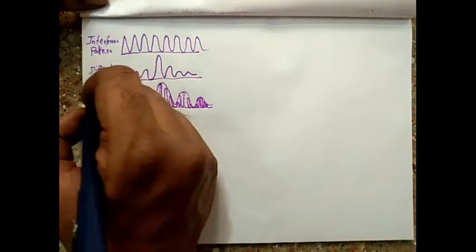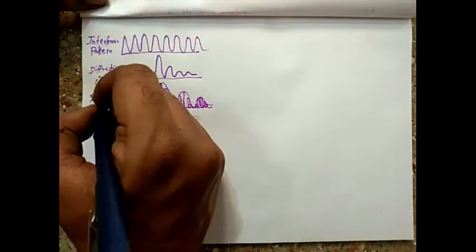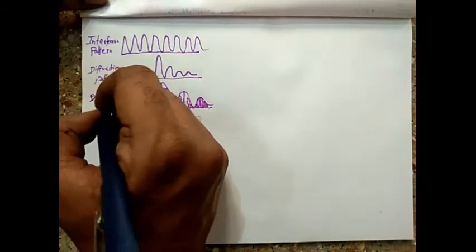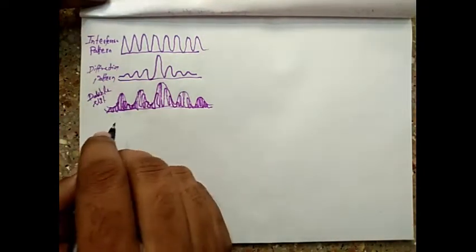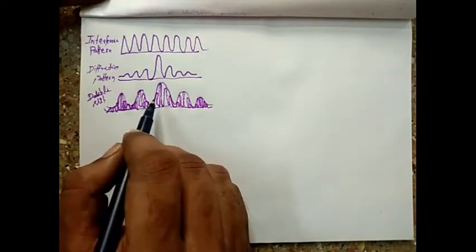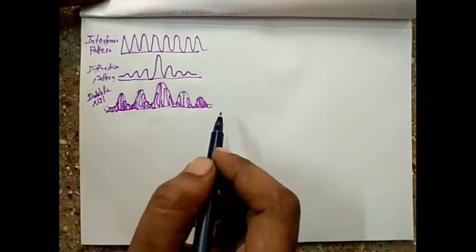So this is the pattern appearing in the double slit. So here our intention is to find the position of the diffraction pattern and the interference pattern.